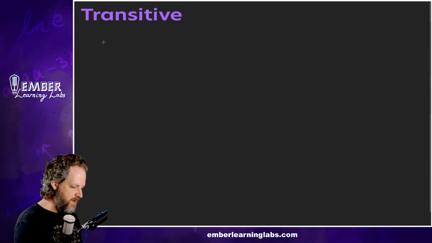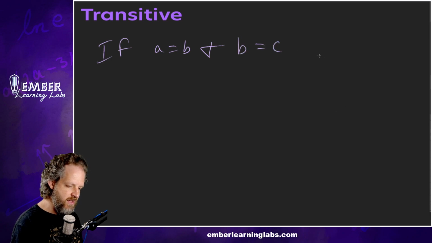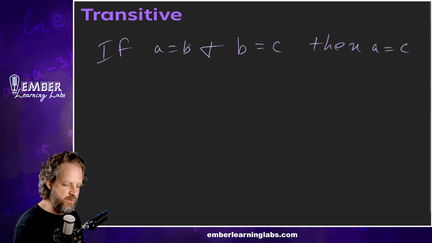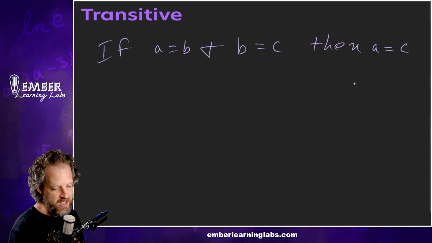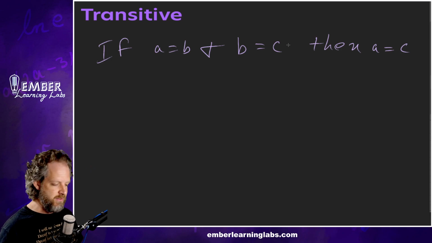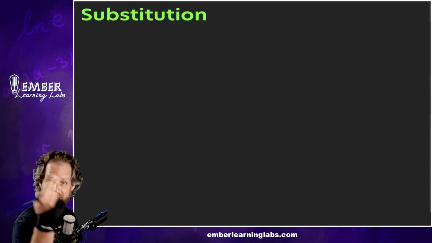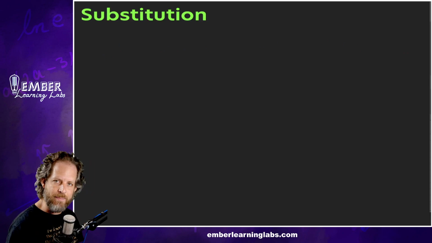So the transitive property says if A equals B and B equals C, then A equals C. So if A equals B, and then if B equals C, we can take and put A equal to C, right?